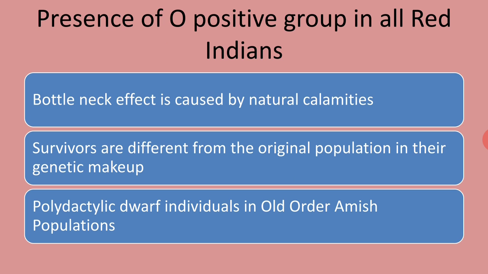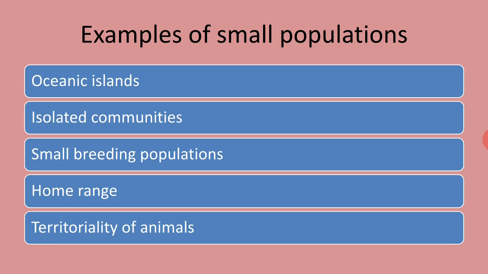That means these are called survivors, of course. And these survivors got separated and they form a group, and the progeny of these survivors are different from the original populations in their genetic makeup. For this, the best example is polydactylic dwarf individuals in old order Amish populations.